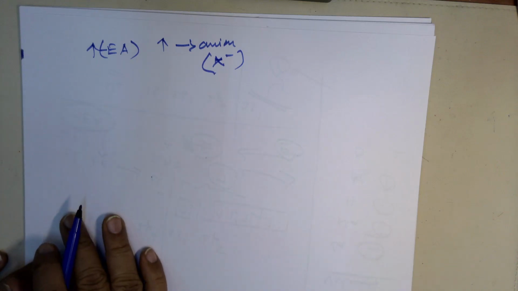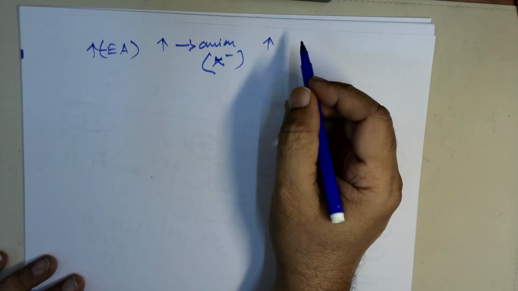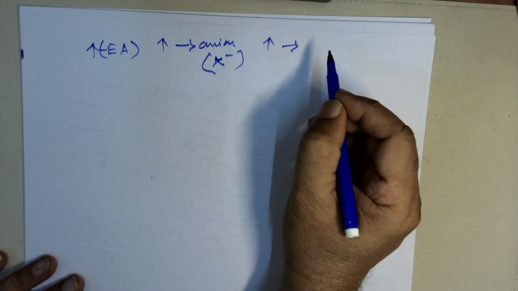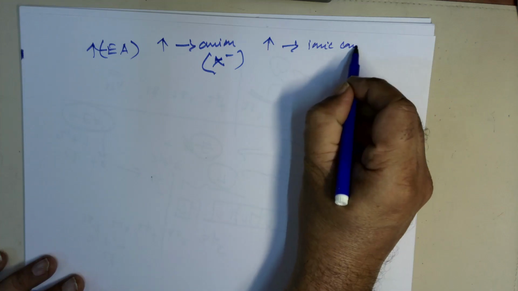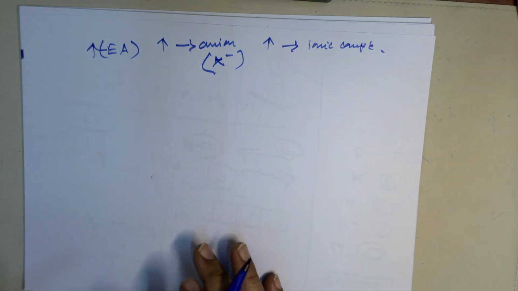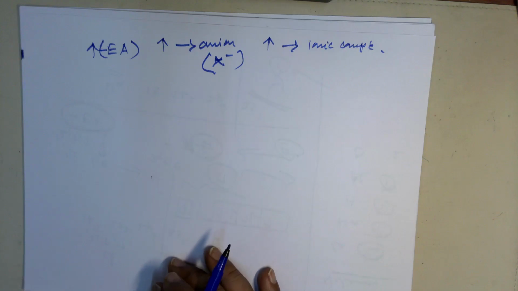Are you able to follow? Hence, greater will be the tendency to form ionic compound. So this is another important point. Any doubt in this? Shall I proceed?